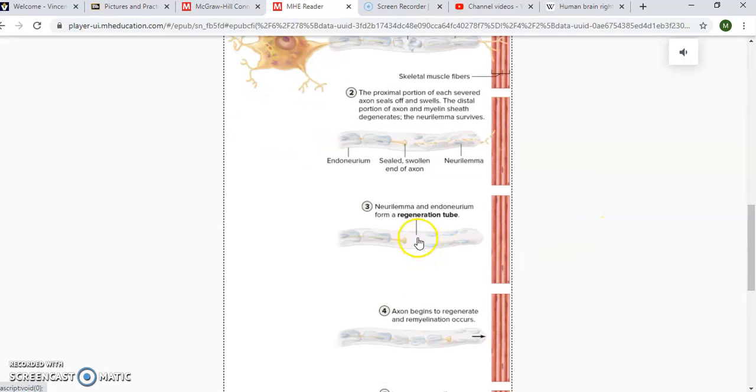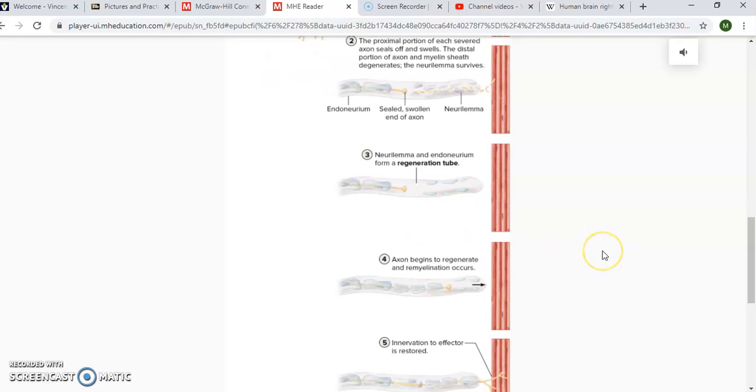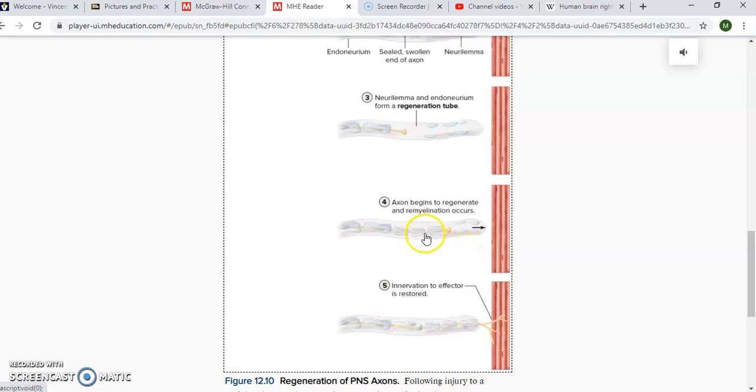So what they do is form this kind of pathway, because they can undergo mitosis, remember, neurolemmocytes, Schwann cells, because they're glial cells. So they'll undergo mitosis and form this nice little pathway that the axon can then regenerate along.